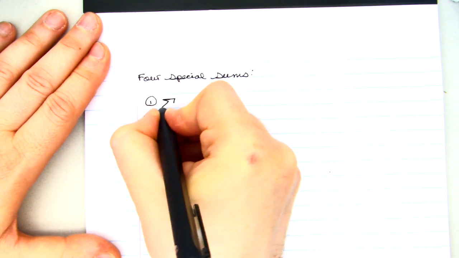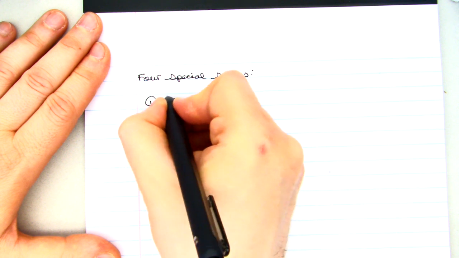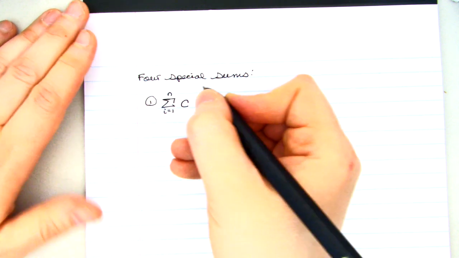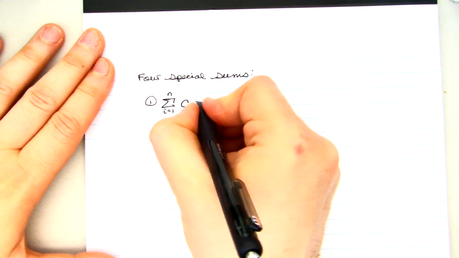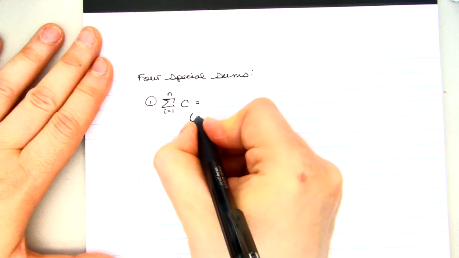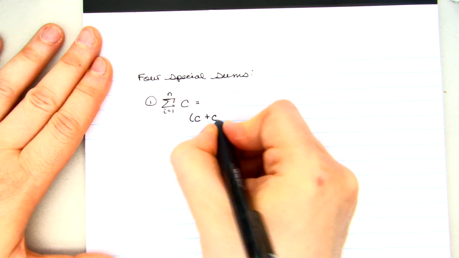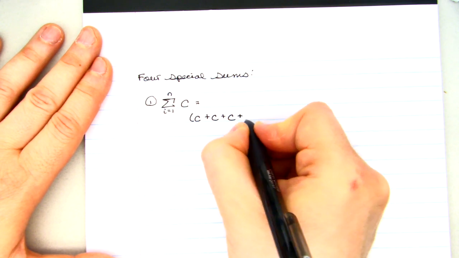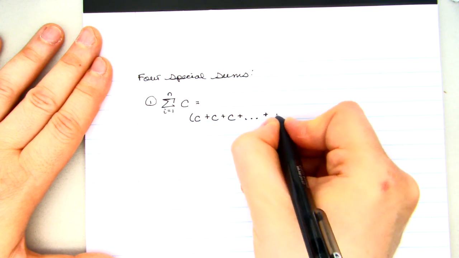First one, the sum as i goes from 1 to n of c, of just a constant. This is like asking you, what's our constant, plus our constant, plus our constant, plus you're going to add up a whole bunch of those constants.